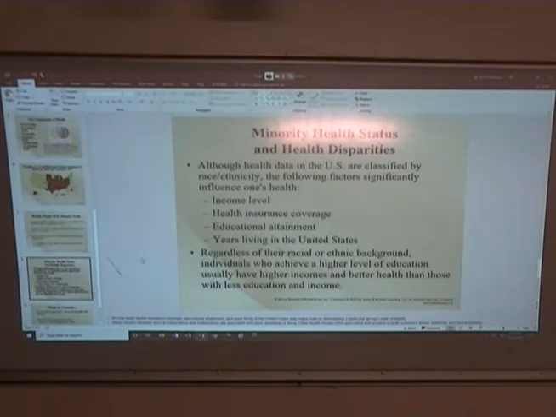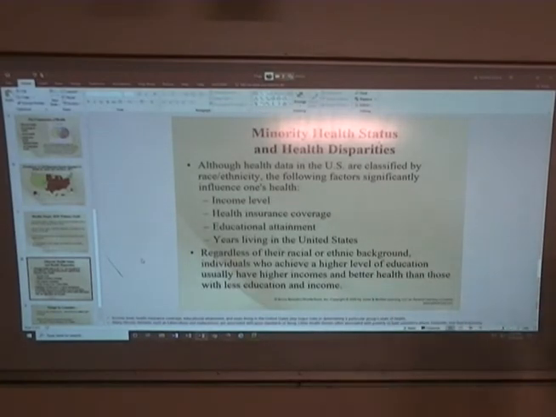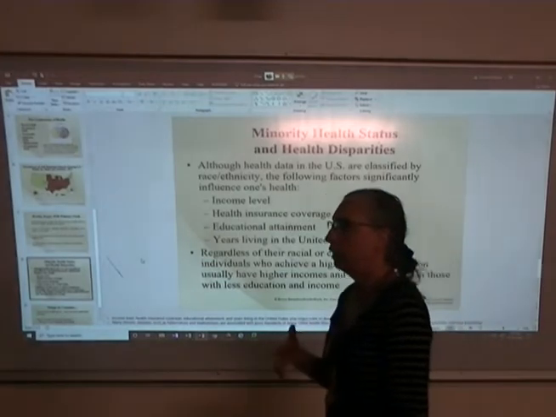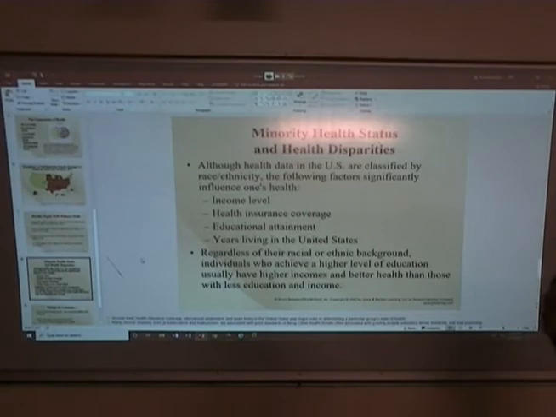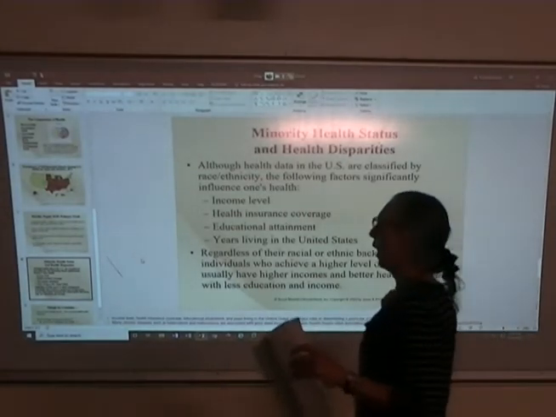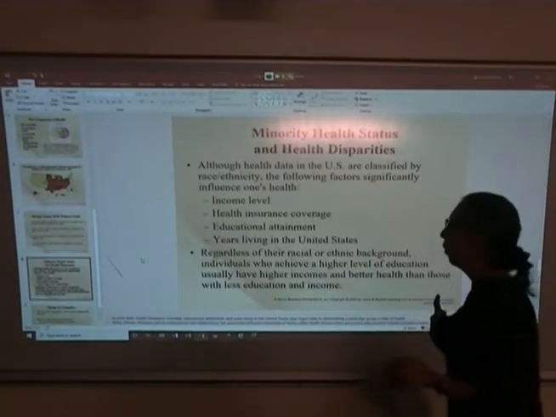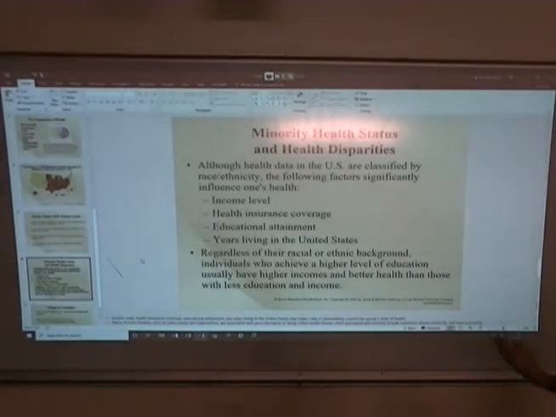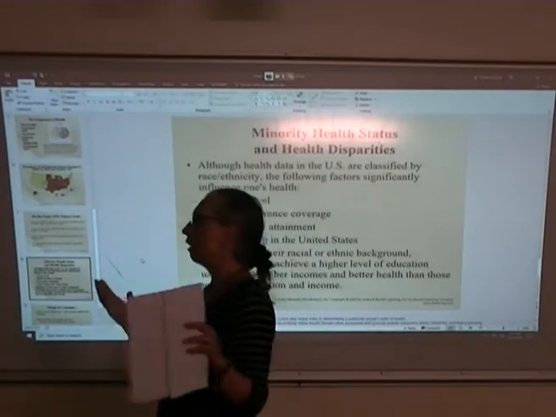A little bit more about this idea of health status and disparity. The health data that is collected in America is based on race, ethnicity. But there's more to it than that. How much I earn, so my socioeconomic status, whether or not I work in a job that provides health insurance, how far did I get through school?